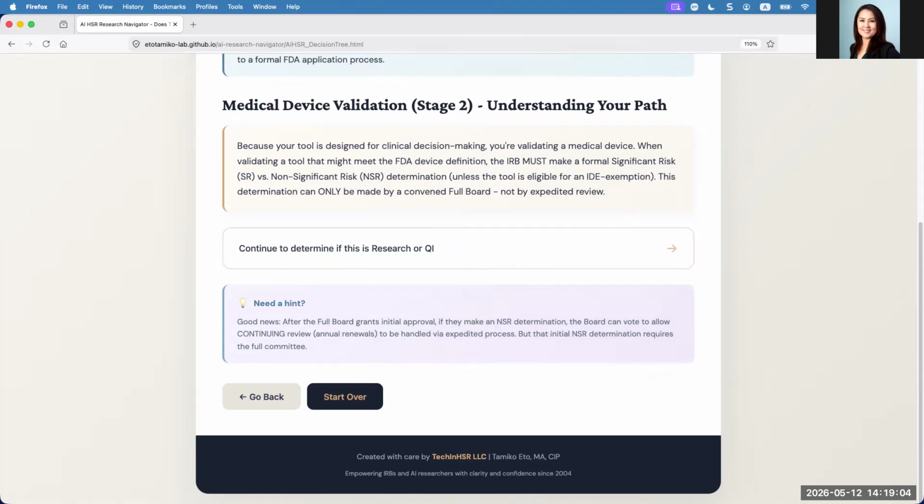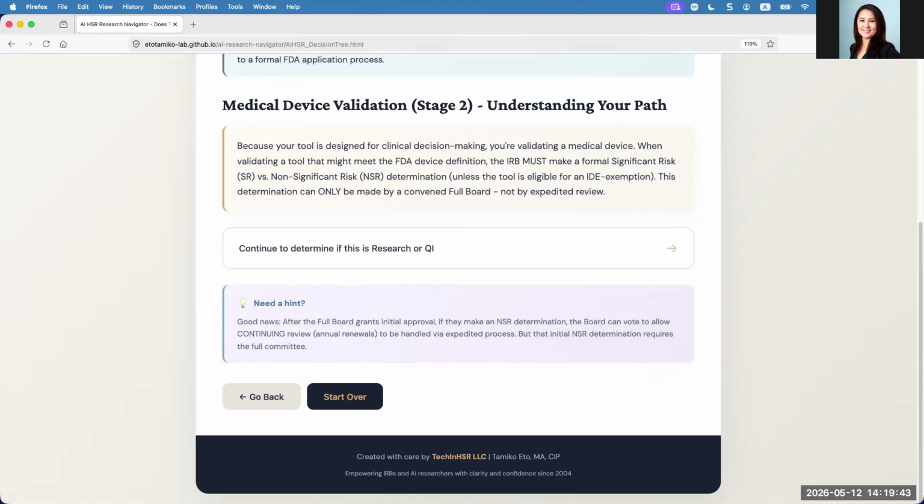So even though our study is minimal risk and it's just testing offline, meaning it's not impacting patients, it's not in medical records systems, it's offline and essentially retrospective, it still requires that full board because 21 CFR 812 does require that the board make that determination. But after initial full board review, the board may determine that moving forward, for example, under continuing review, that review can be done in an expedited manner, meaning it doesn't have to go to full board anymore unless something changes.